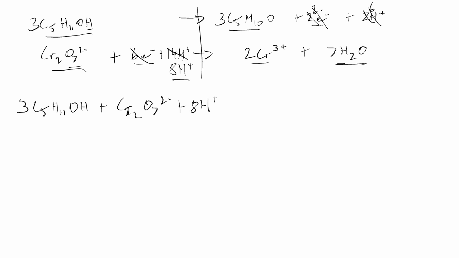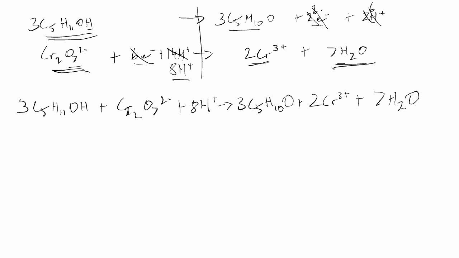So that's everything from the left hand side here we've put into our combined equation, and that's going to produce 3 C5H10O, so that's our pentan-2-one, plus our 2Cr3+ plus our 7H2O, and that's our final equation here. So it wasn't as bad as doing the permanganate ion one before. There was less that we had to balance, but it was the same process.